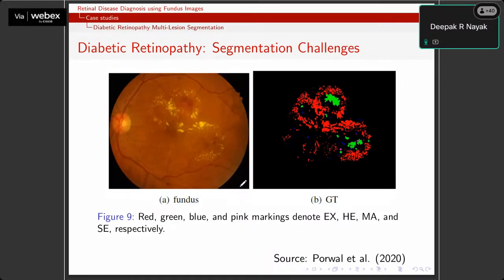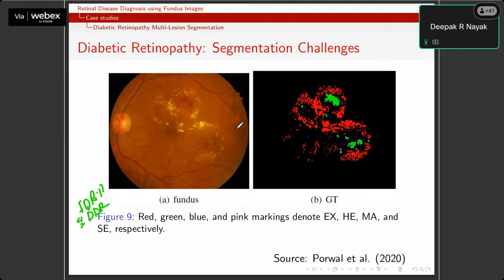Here is one scenario, one sample image, which I have taken from one of the datasets available. Probably IDRiD, an Indian dataset, or probably either IDRiD or DDR. I still don't remember the dataset name.